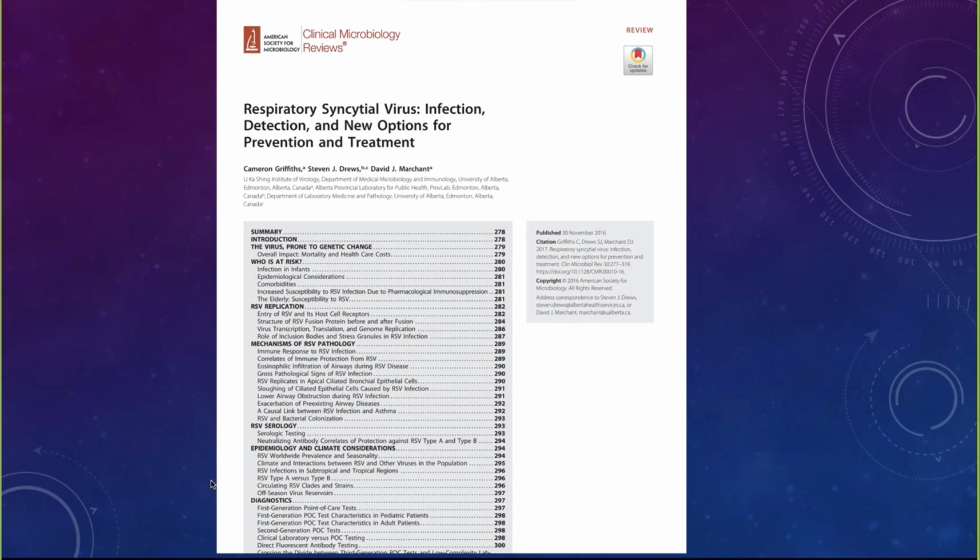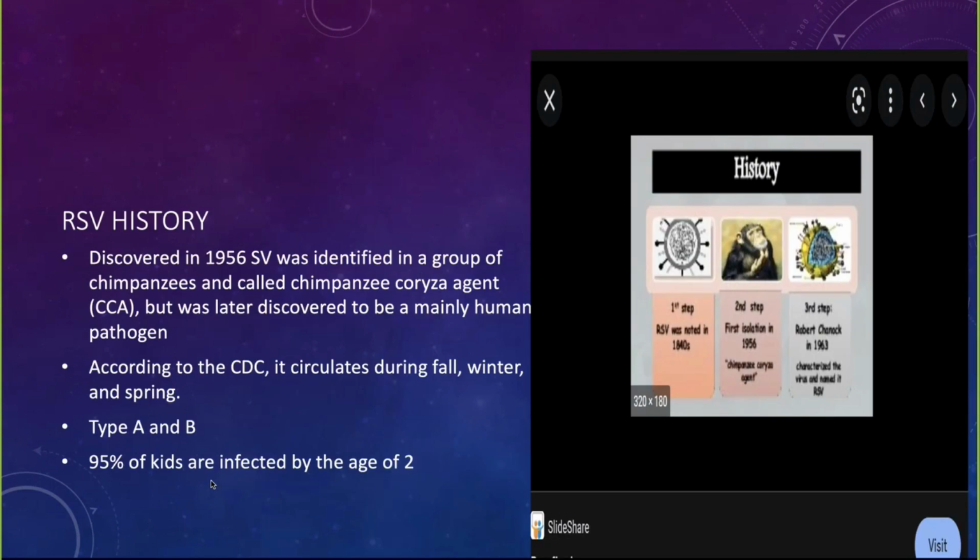So the next virus is RSV. This is another nice review article that you can read for more information. So a little bit about history. It was discovered in 1956 after a virus was discovered in 14 chimpanzees, and they had coryza type of symptoms.